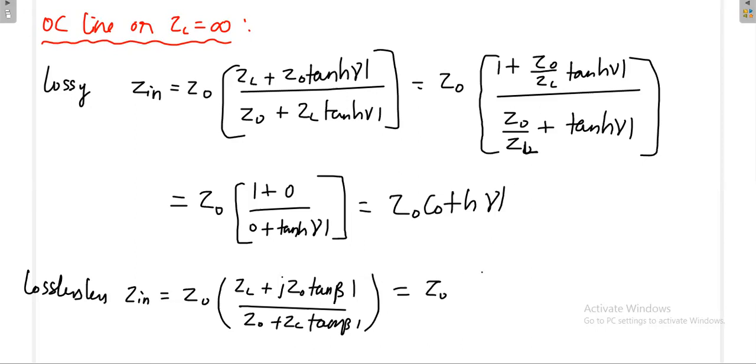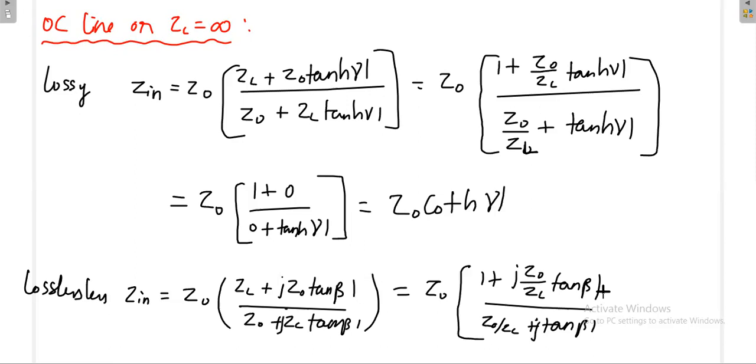Then it is Z0 (1 + j (Z0/ZL) tan βL) divided by ((Z0/ZL) + j tan βL).